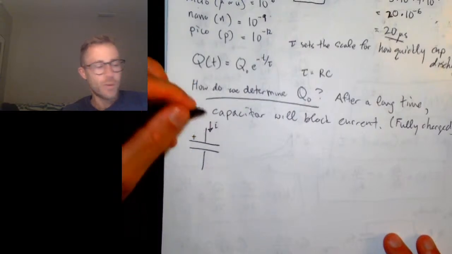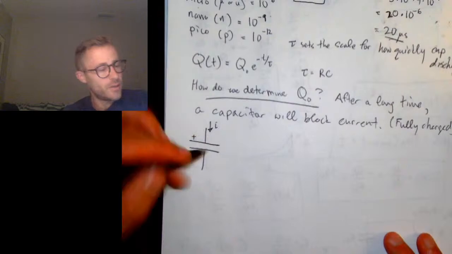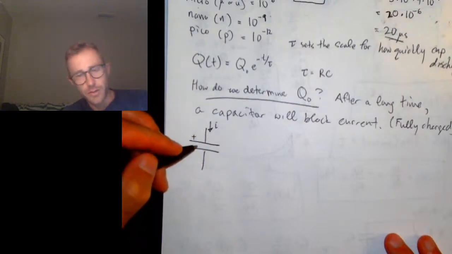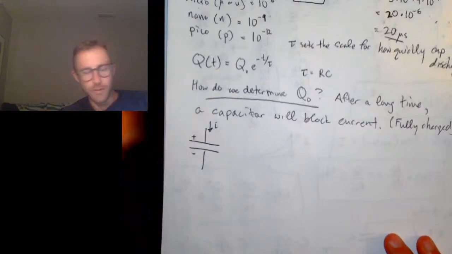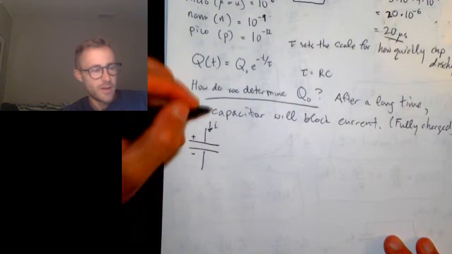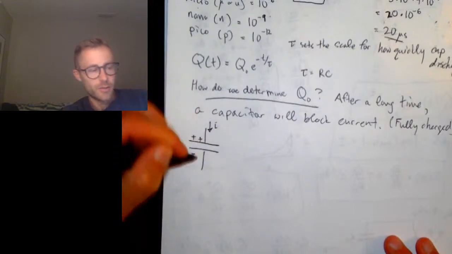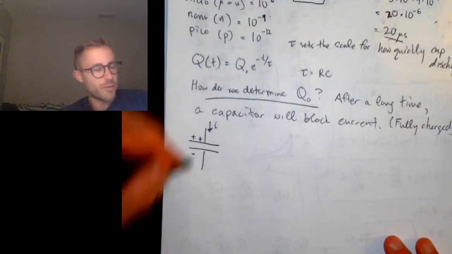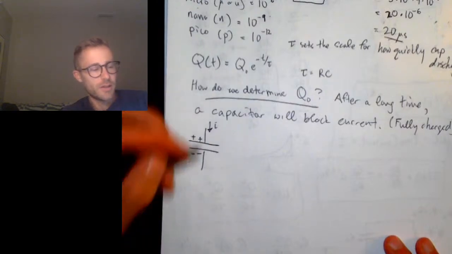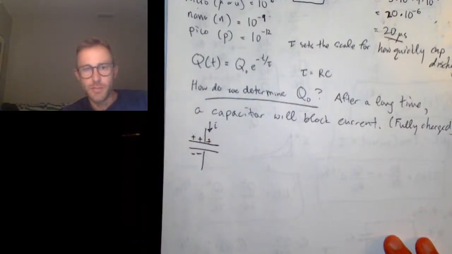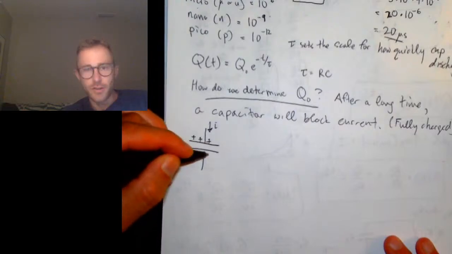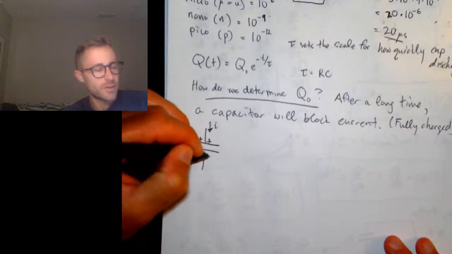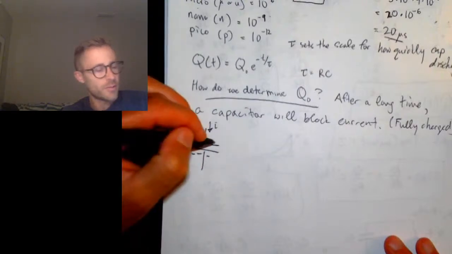A positive charge on the top plate pushes a positive charge off the bottom plate, leaving a negative on the bottom plate. Then you push another positive charge on, which pushes another positive off the bottom and leaves a negative behind. You put another positive on top, and that pushes another positive out the bottom, leaving a negative.